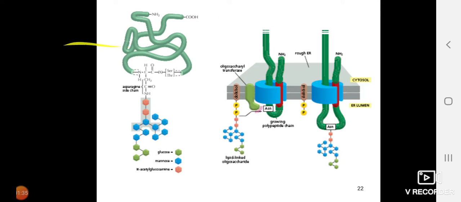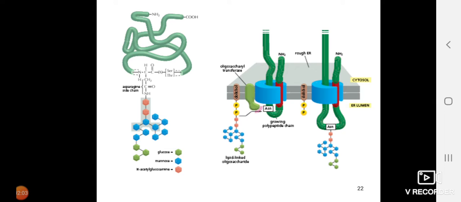functional protein molecule. You can see here a glycosylated protein molecule having a linking of the sugar units. Basically, how does this process of glycosylation take place?